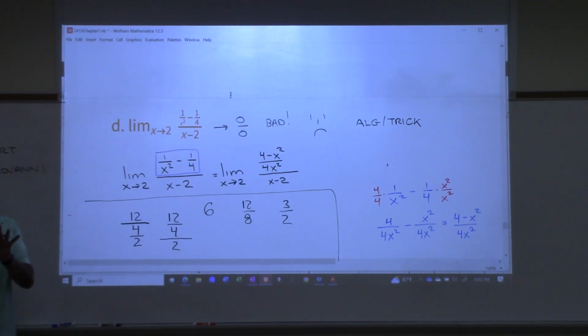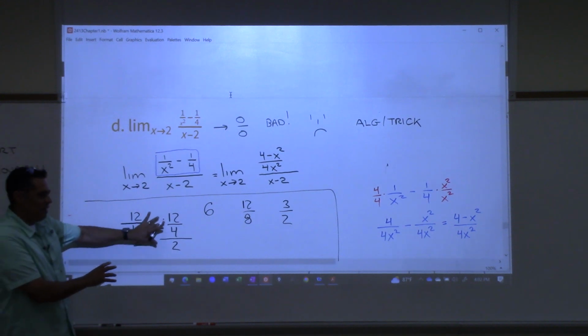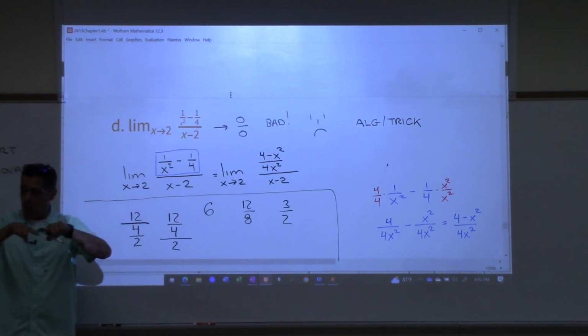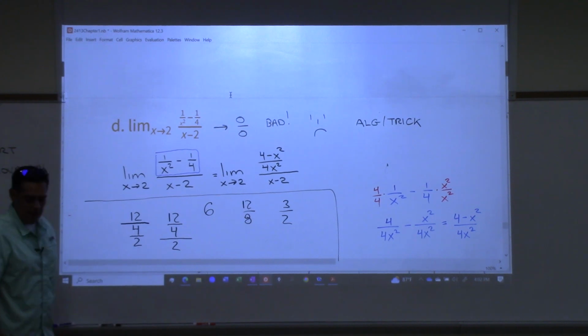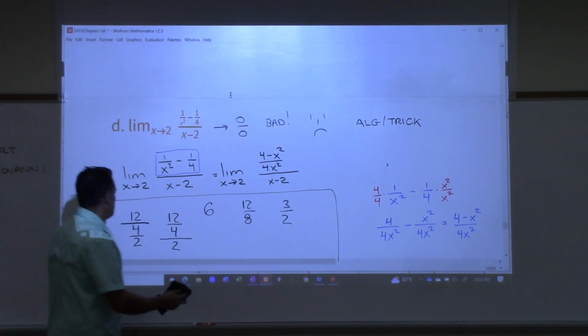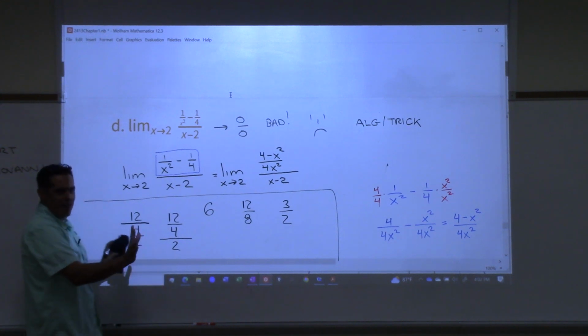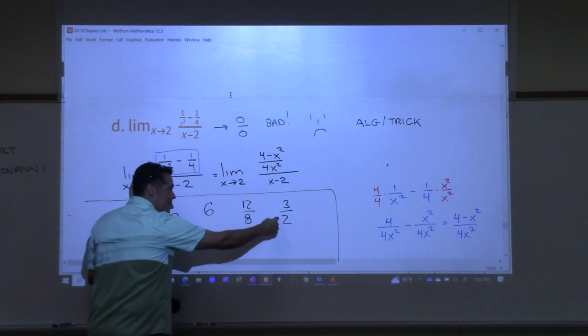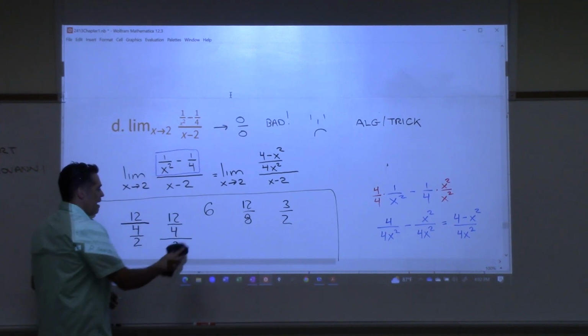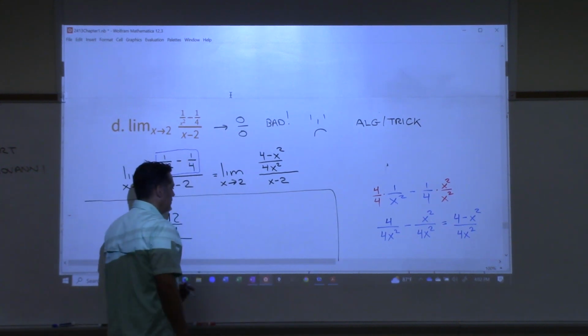Okay, so the reason I'm doing that first is so you understand that the long division bar is important in mathematics when you have multiple fractions. That's the first thing. The second thing I want to talk about, so there was no correct answer, okay? This has a correct answer of 6. This has a correct answer of 3 halves. Okay, well, now that we've got that established, I want to do one more thing.